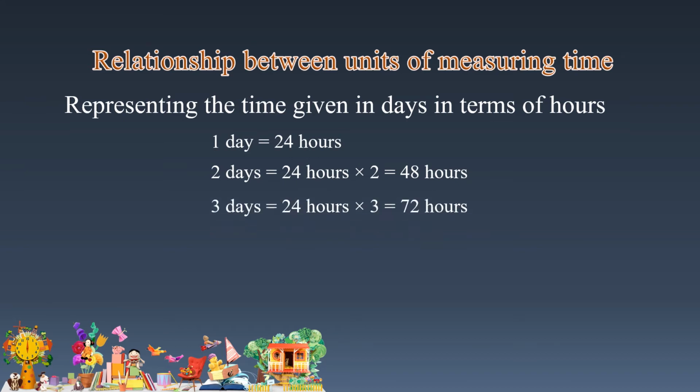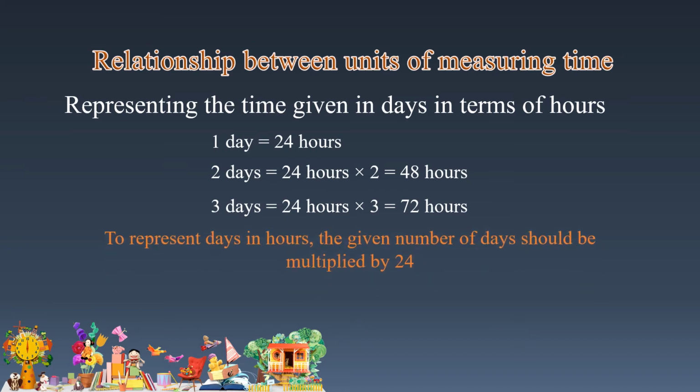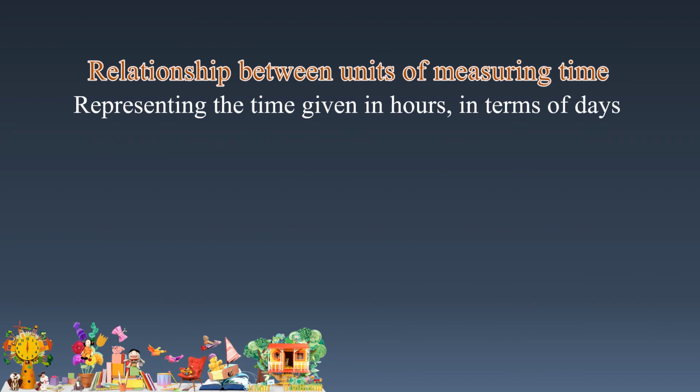Then for 3 days, you can easily find as 24 hours multiplied by 3. So the answer is 72 hours. So we can get a conclusion as to represent the days in hours, the given number of days should be multiplied by 24.